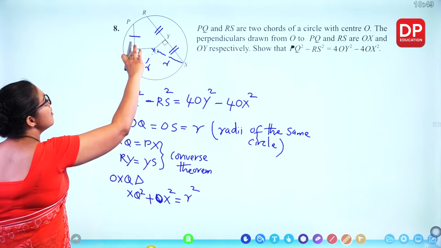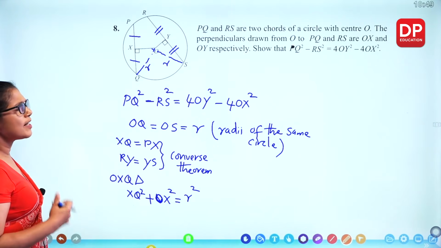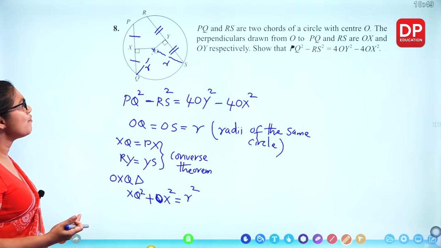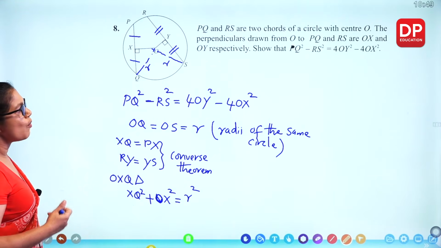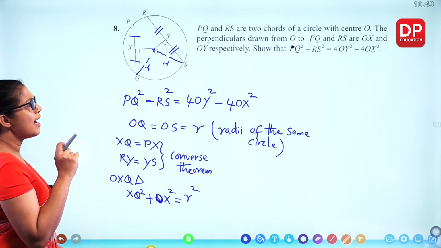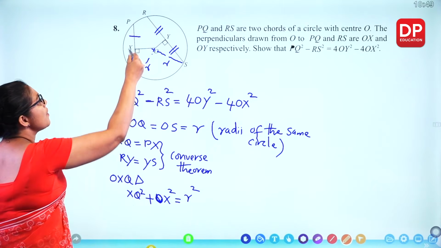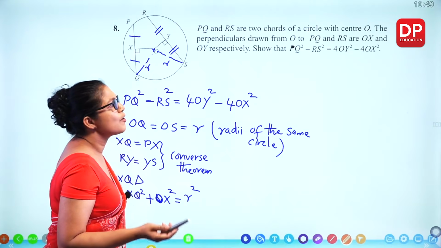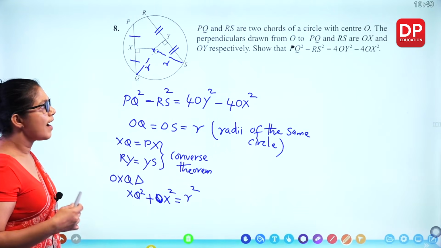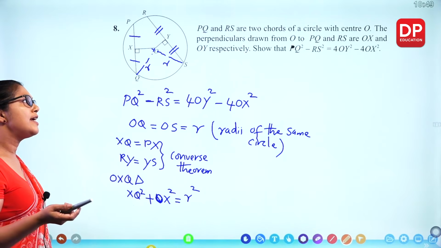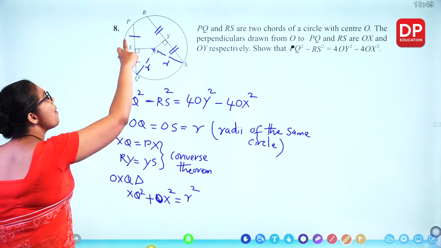And here XQ is there. What is XQ? Half of PQ. Now why am I using PQ there? Because you have to show this one. In this equation we don't have XQ, so we can't write in terms of XQ. So I need to convert that to PQ.